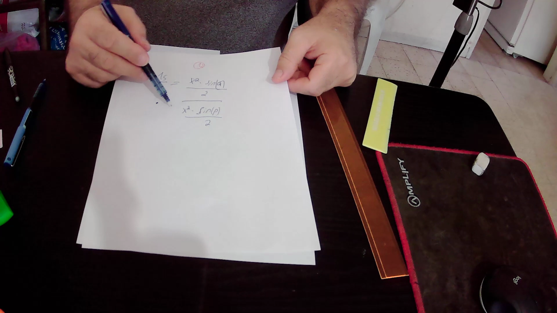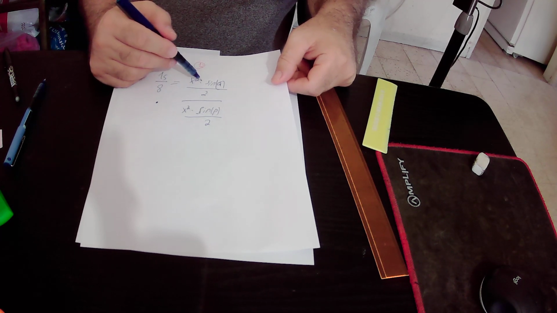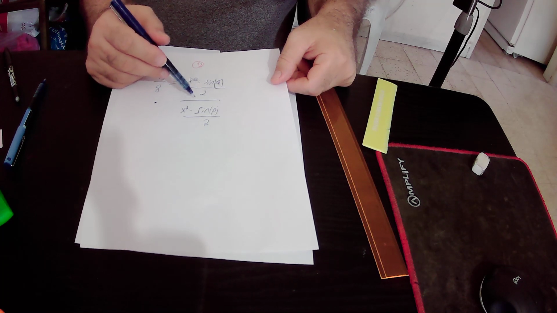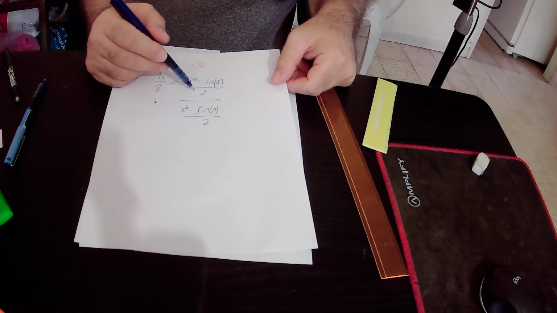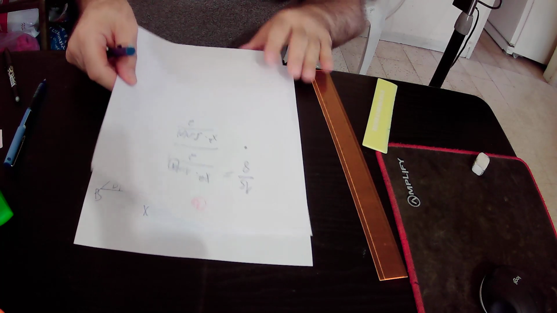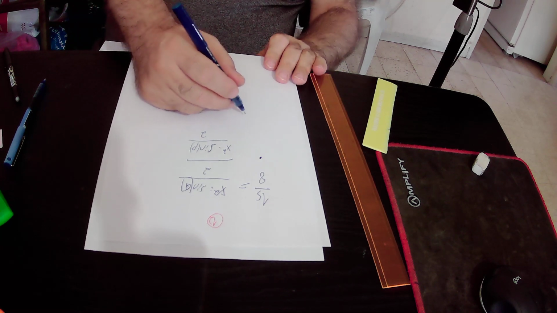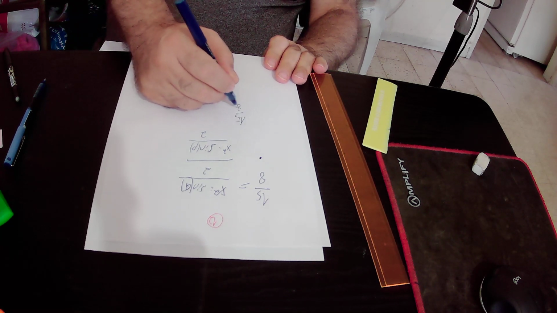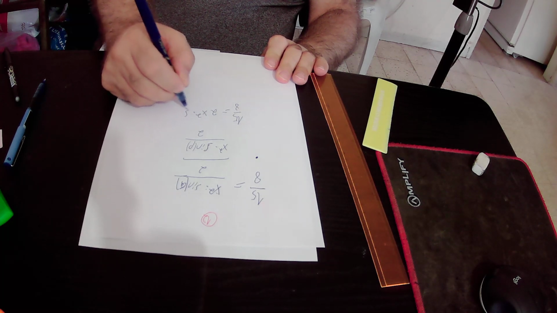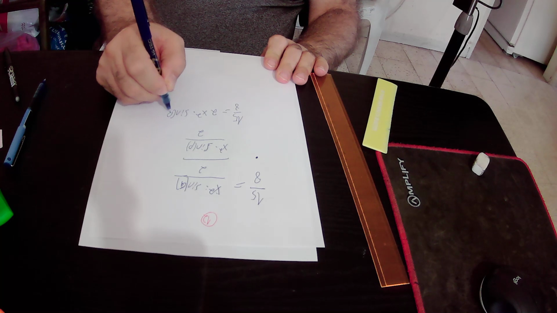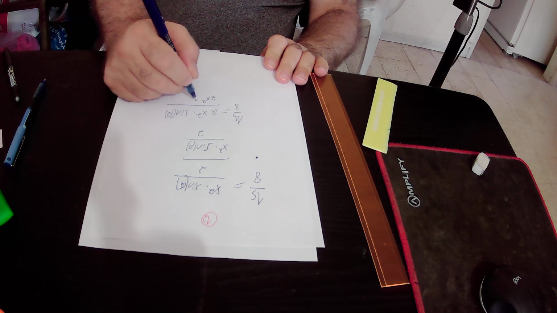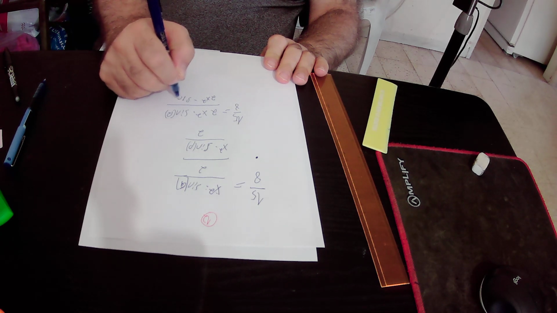Here we will move 2 to the numerator and move X squared times sine P to the denominator, and we'll get that 15 over 8 equals 2X squared times sine Q over 2X squared times sine P.